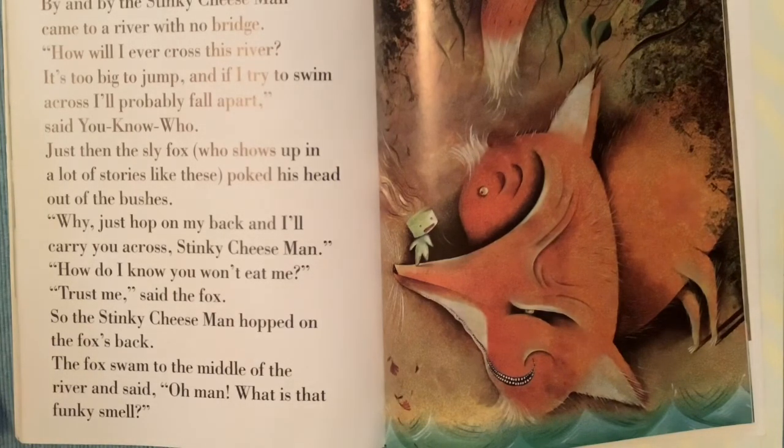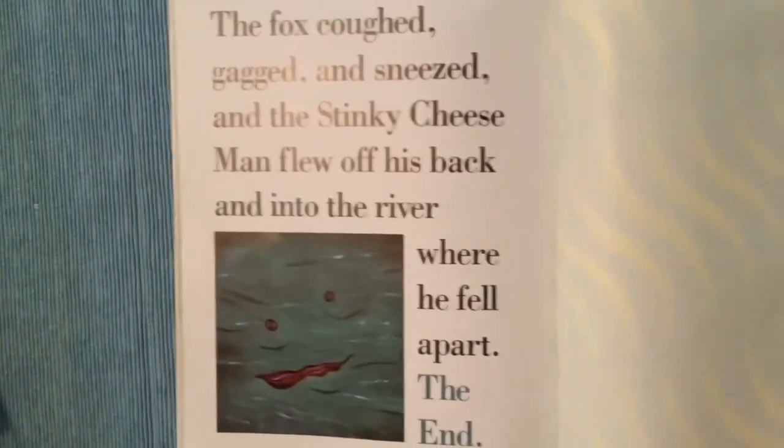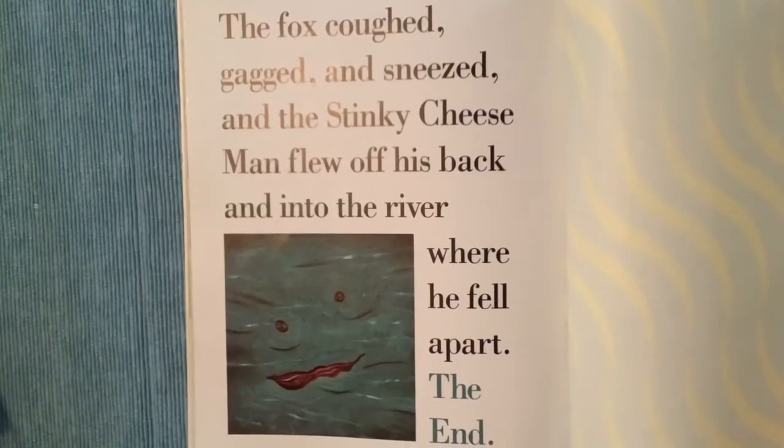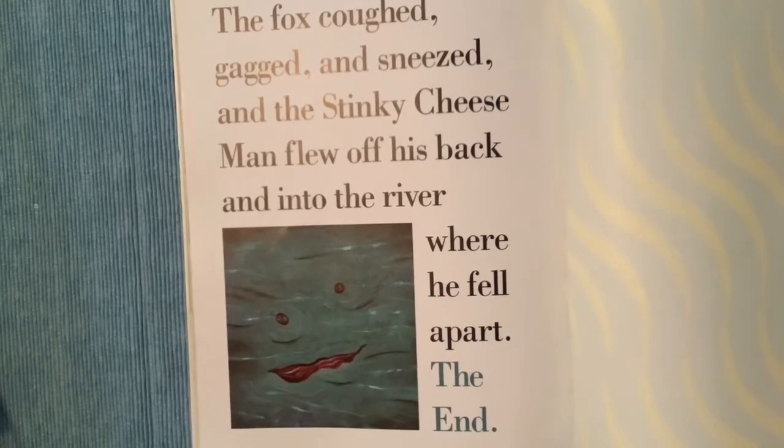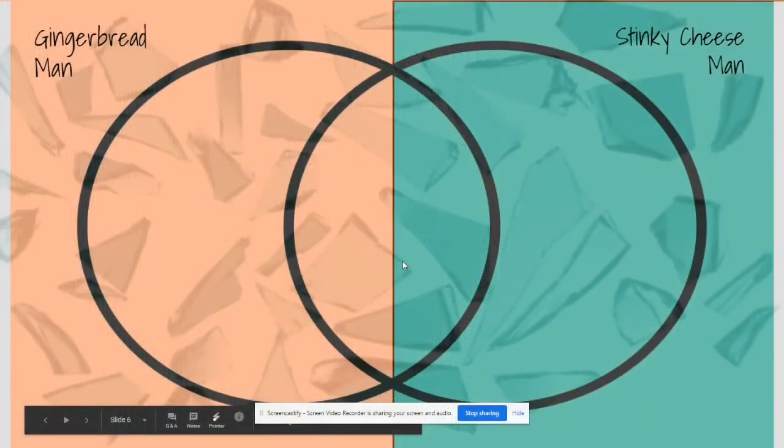"Trust me," said the fox. So the Stinky Cheese Man hopped on the fox's head, or back. The fox swam to the middle of the river and said, "Oh man, what's that funky smell?" The fox coughed, gagged, sneezed, and the Stinky Cheese Man flew off his back and into the river, where he fell apart. The end.